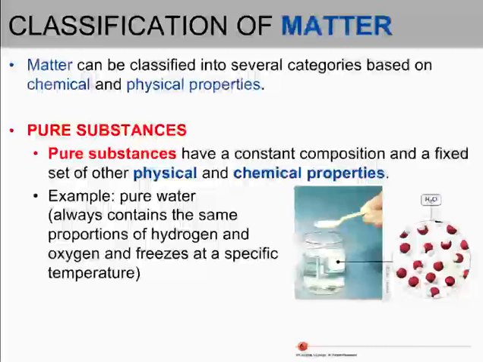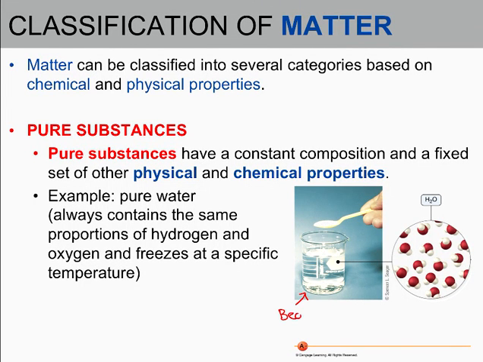So the first category that we can use to describe matter is pure substances. So pure substances have a constant composition and a fixed set of other physical and chemical properties. So one example is water. And if we had a beaker or a cup, so this is a beaker of pure water, every part of that liquid is water.